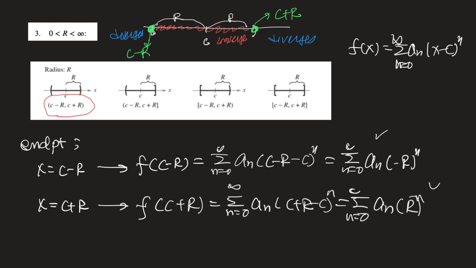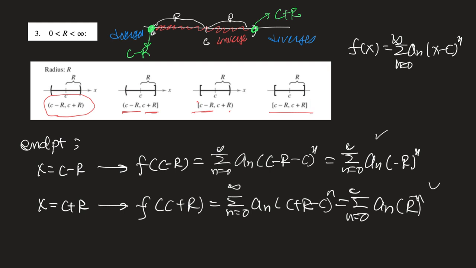If the left endpoint diverges and the right endpoint converges, then the left is a parenthesis and the right side is a bracket. The other way, if the left endpoint converges and the right diverges, the left is a bracket and the right is a parenthesis. If both endpoints converge, you have brackets on both sides.